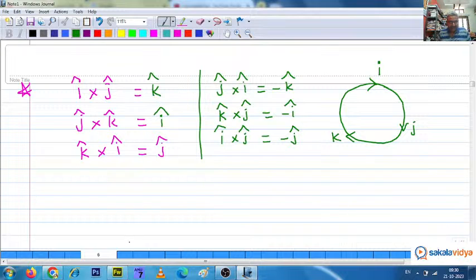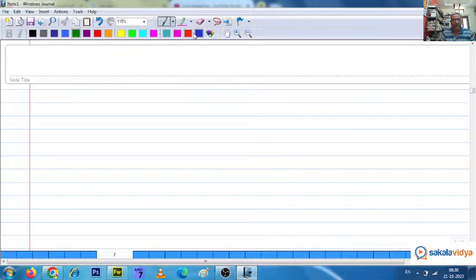So next, let us move to the 10th concept. So how to find out the area of the parallelogram? Two adjacent sides are represented by the two vectors. So let's have a discussion on that one.